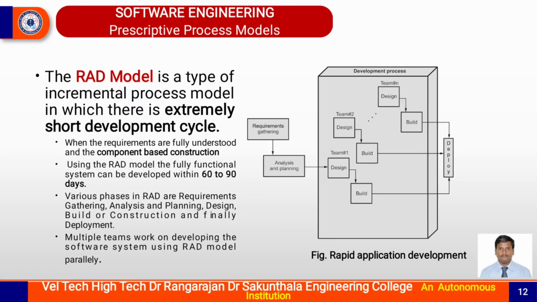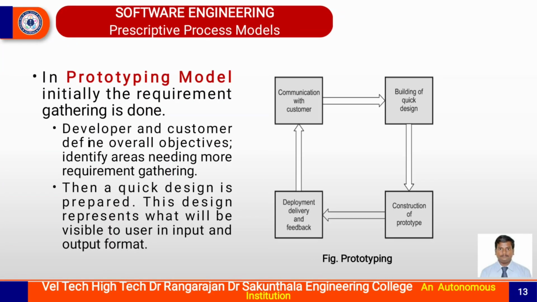But in this case, although development is based on different teams, all the requirements, planning and analysis are taken first, and only then it comes to the development process. The development process entirely will have a 60 to 90 days period only. Within that, the RAD model will be completed and the product deployed. So, RAD is nothing but rapid application development.